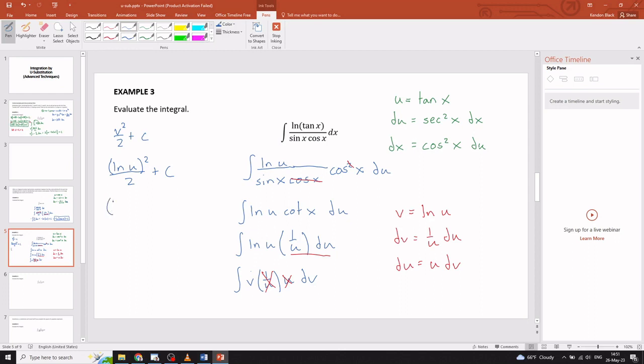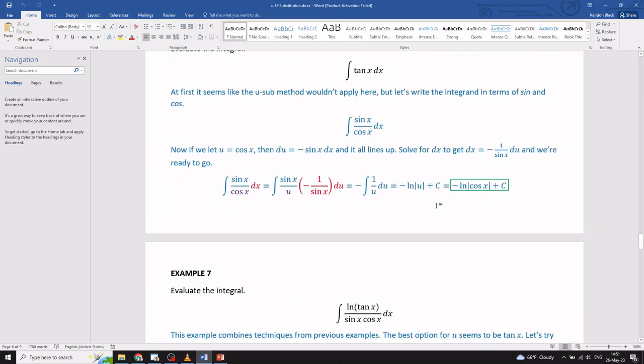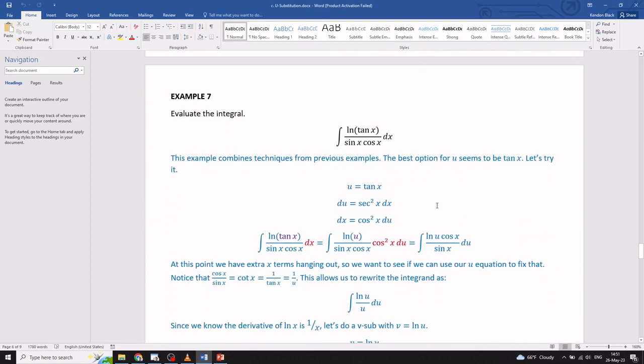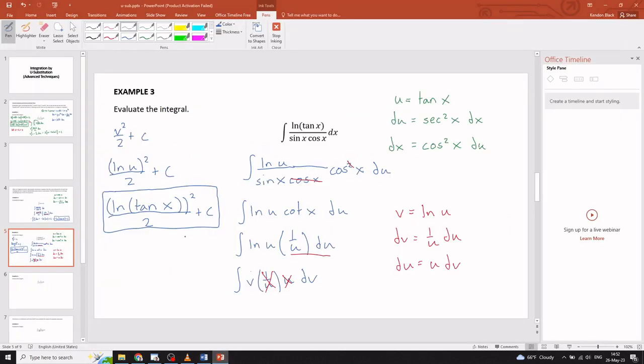So we have ln of tangent of x squared over 2 plus c. That's our final answer. Let me double check to make sure that's correct here. Ln of tangent of x quantity squared over 2 plus c. Yeah, we got it.